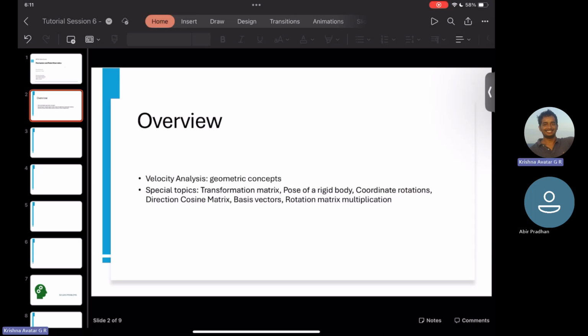Then we'll discuss at length the special topics, which are transformation matrix, pose of a rigid body, the coordinate rotations, direction cosine matrix, basis vectors, and rotation matrix multiplication.